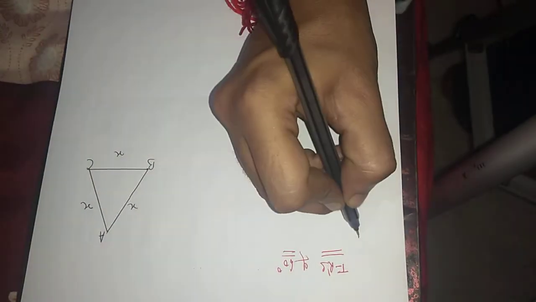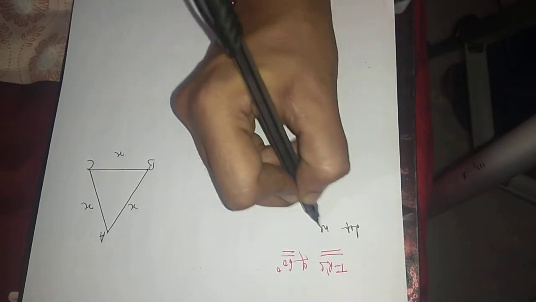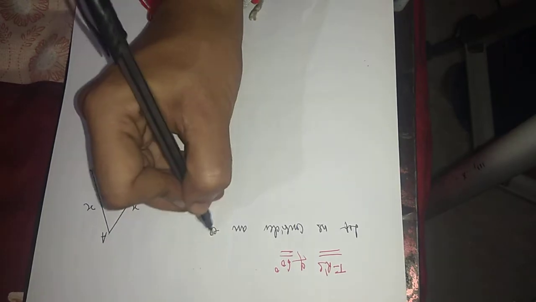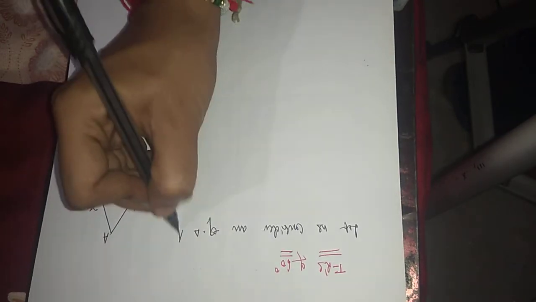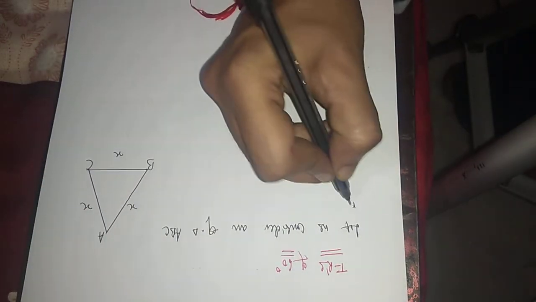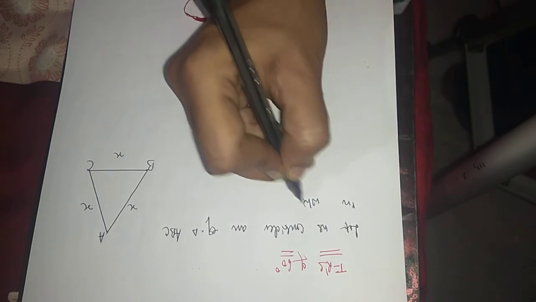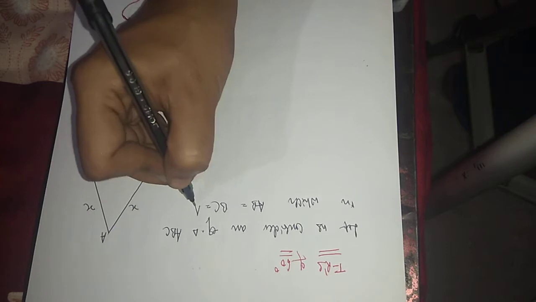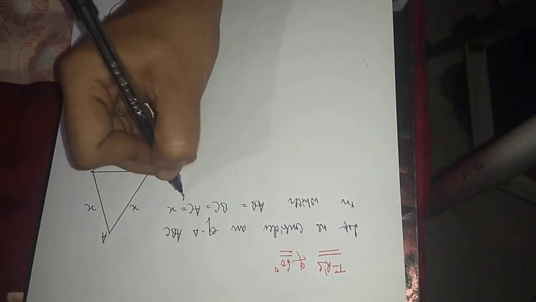Let us consider an equilateral triangle ABC in which AB is equal to BC is equal to AC is equal to x units.